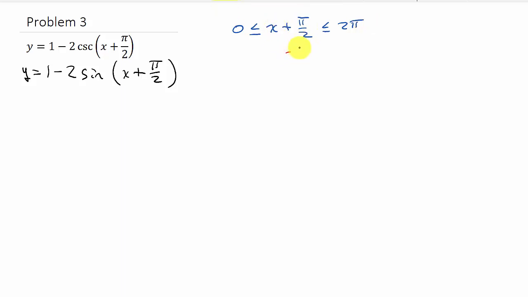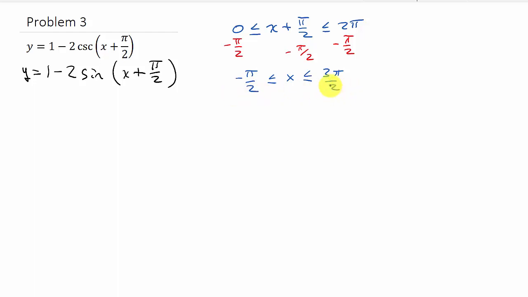So I'm going to subtract pi over 2 from all three parts. That's going to give me negative pi over 2 less than or equal to x less than or equal to 3 pi over 2. So this is what we're going to graph it over.